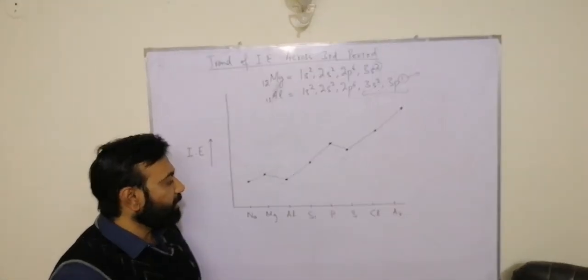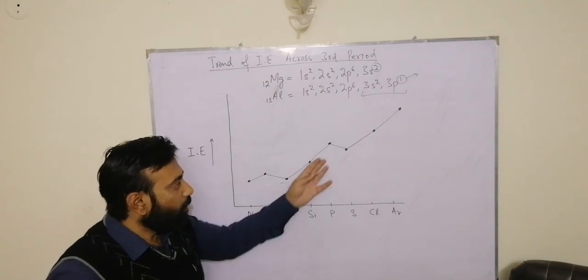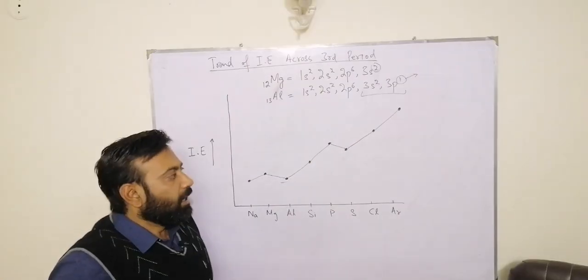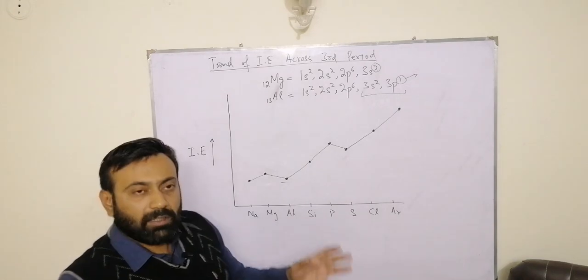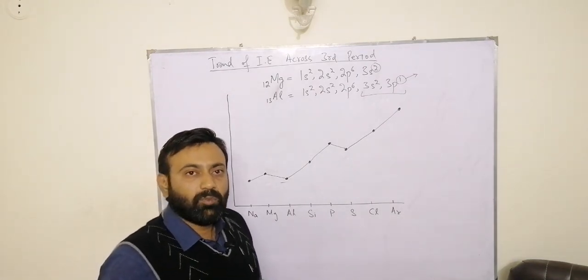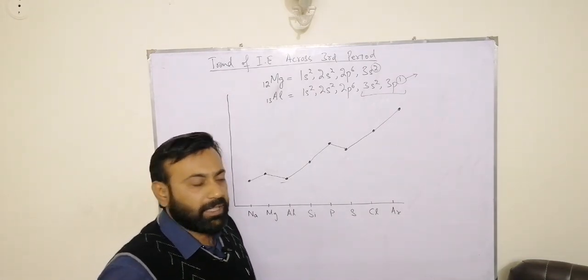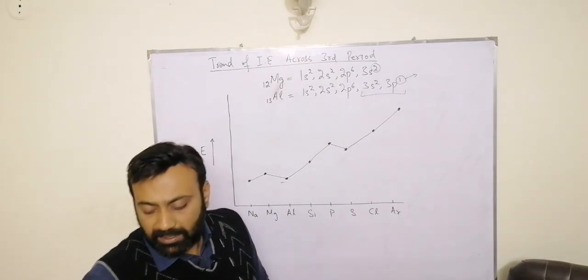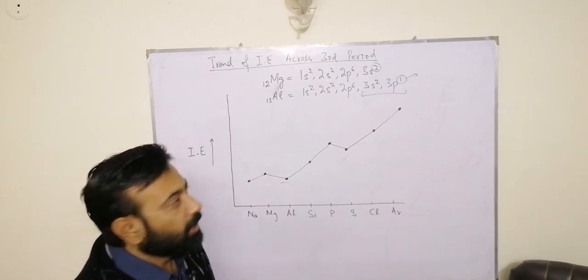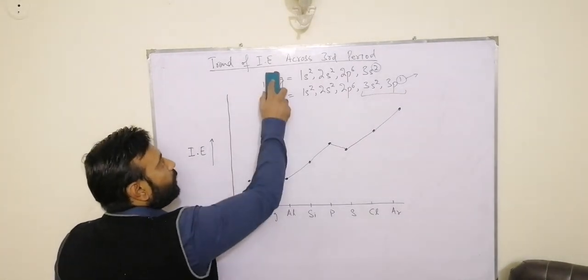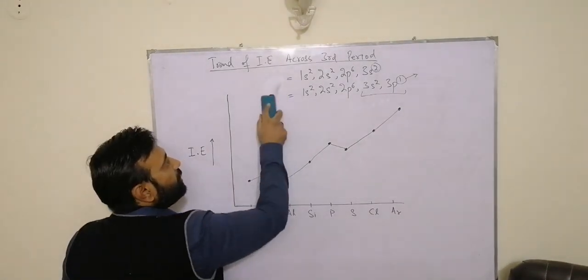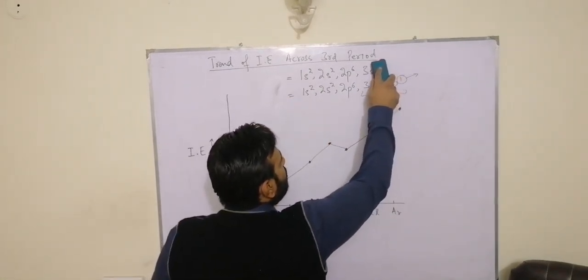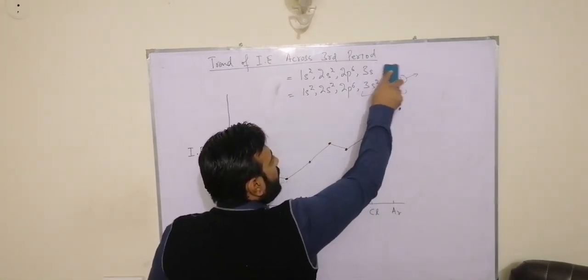Now let us compare the ionization energies of phosphorus and sulfur. Again, sulfur is after phosphorus when we move from left to right in the third period of the periodic table, but the ionization energy of sulfur is a little less than that of phosphorus. To explain that, we'll take a look at the electronic configurations of these two elements.